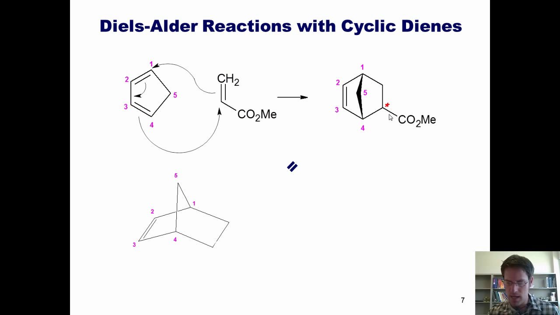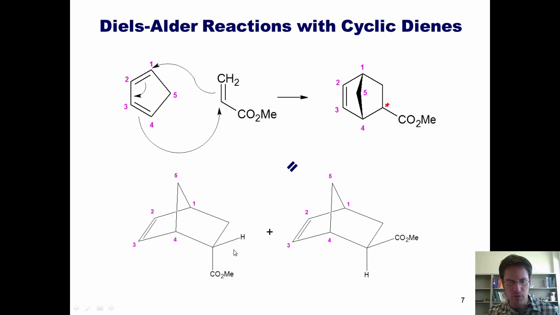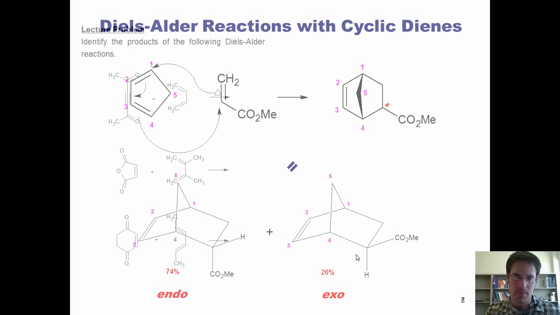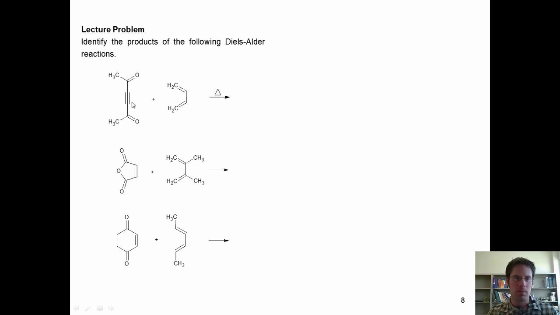In other words, we end up forming some of this product in which the ester is pointing down, and some of this product in which it's pointing up. The product to the left is the major product, being formed in 74% yield, while the one at right is the minor product being formed in 26% yield. And just so you know, the product at left is called the endo product, and the one at right is called the exo product. So let's get to some problems.